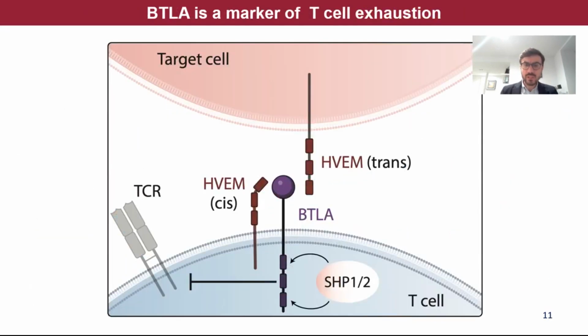So what is BTLA? Well, as you can see here, BTLA is a novel checkpoint that is expressed in T cells and also in B cells that when binds to HVEM, predominantly in trans, but it can also be bound to HVEM in cis, it will inhibit the T cell receptor signaling through the phosphatases SHIP1 and SHIP2.